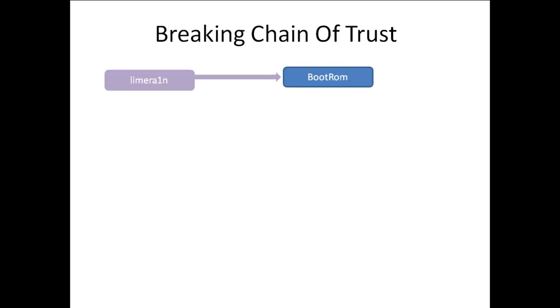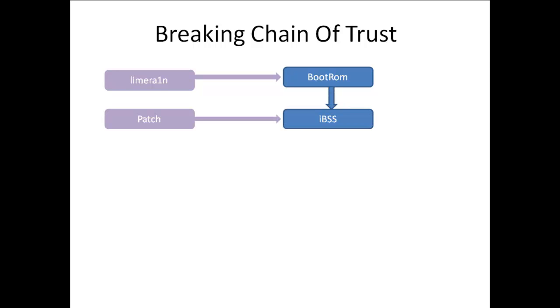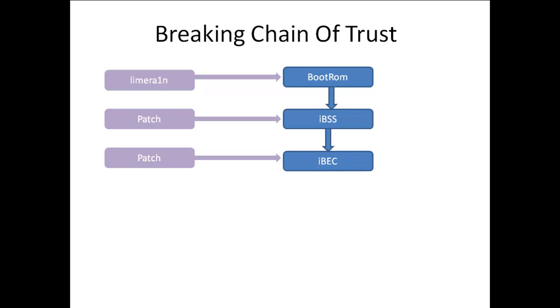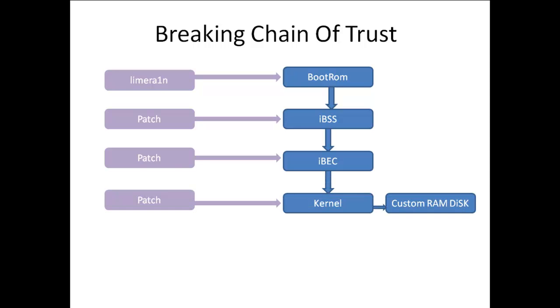In the chain of trust boot sequence, if we compromise one link, we can fully control all the links that follow it. Hacker community have found several vulnerabilities in boot ROM, using which we can flash our own bootloader and patch all other signature checks in all the subsequent stages. Apart from signature checks, every stage is also encrypted.